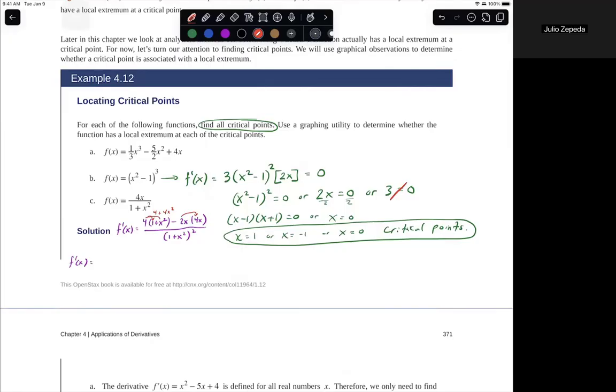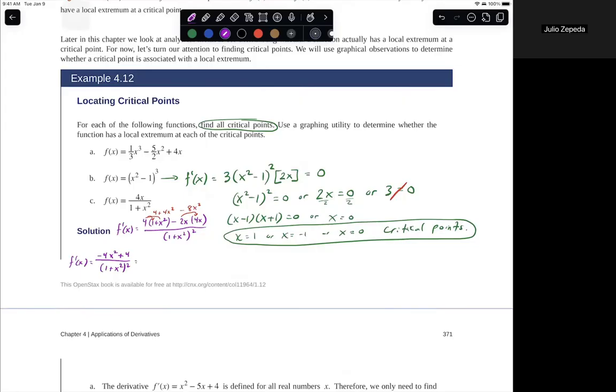minus 8x squared. And so what we end up getting there, after simplification, is negative 4x squared plus 4 divided by 1 plus x squared squared. Excuse me.